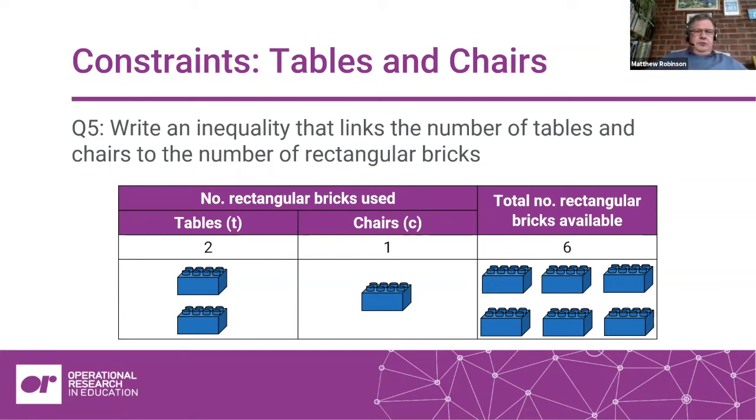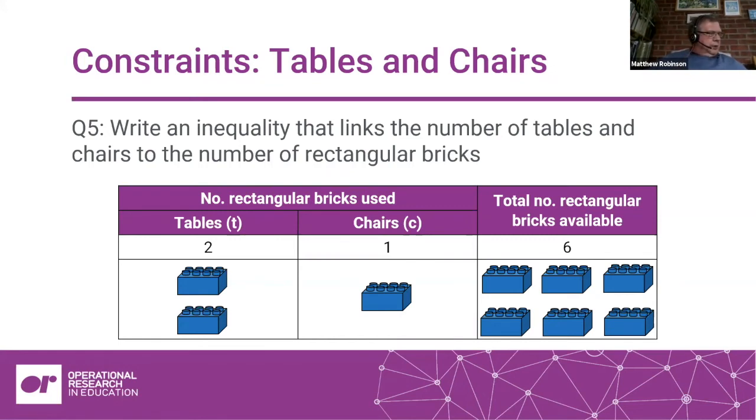For each chair that we produce, we use 1 rectangular brick. And we have 6 of those in total. So T is the number of tables, and for each table we use 2 bricks, and C is the number of chairs, and we use 1 for each chair we produce.